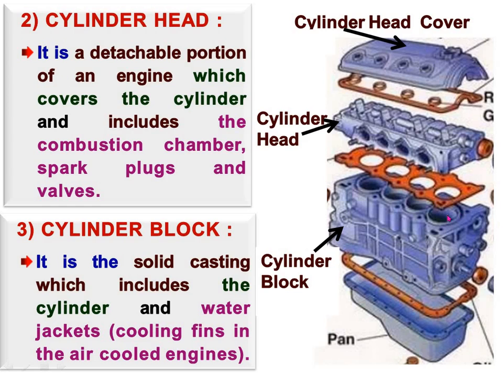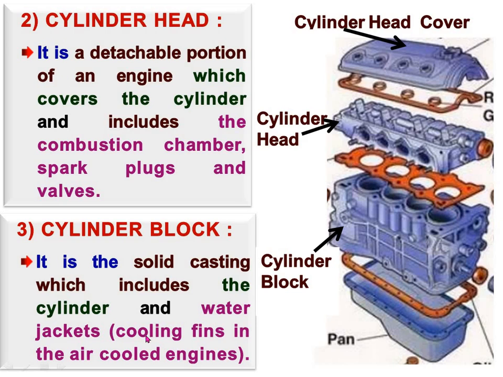Otherwise, we can insert a cylinder inside, and then it acts as a cylinder. So this is the cylinder block. It is a solid casting which includes a number of cylinders. If our engine is a four-stroke, 4 cylinder, then there are 4 cylinders.